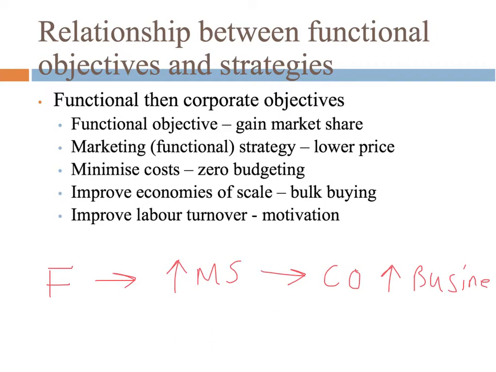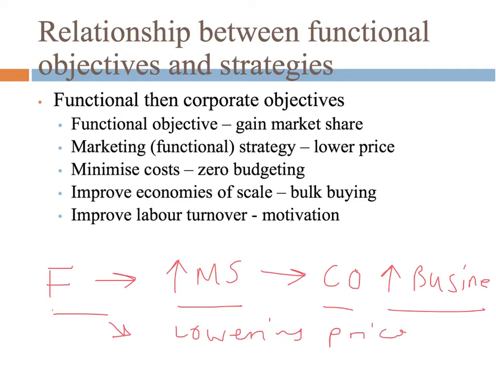So the functional objective of increasing market share will help to achieve the corporate objective of growing the business. And the functional strategy of achieving that could be through lowering price.